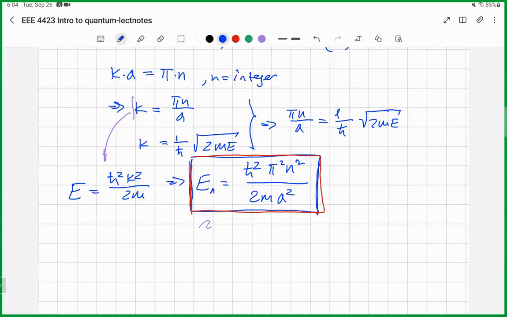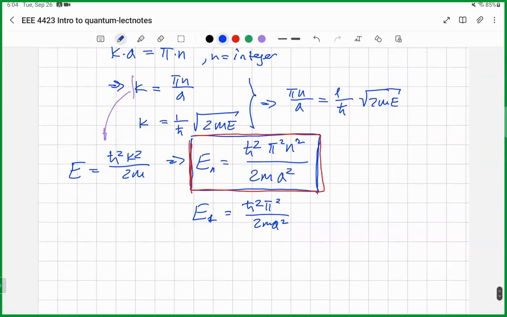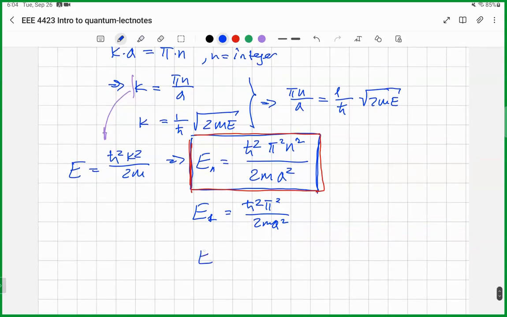Because if I take the energy for the first state, it's equal to h bar squared pi squared over 2m a squared, and the energy for any state n is given by E, the energy of the first state, times n squared.